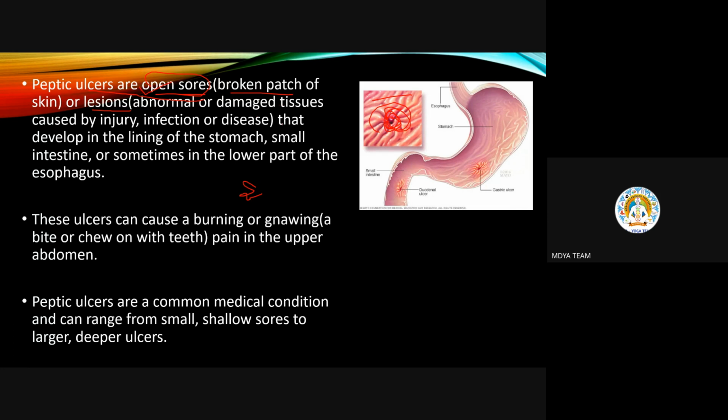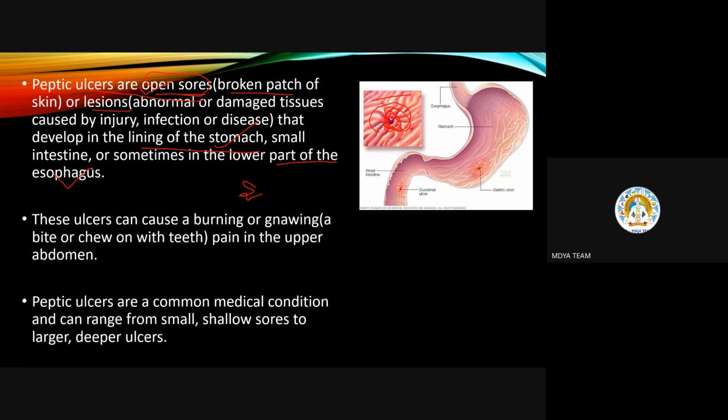They develop in the lining of the stomach, which is itself a mucosal layer, in the small intestine, or sometimes in the lower part of the esophagus. What is the esophagus? Also called the food pipe.